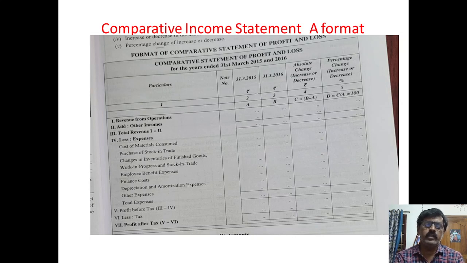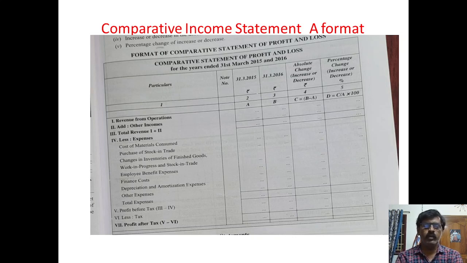This is the new format, as per the Companies Act 2013. Revenue from operations, which means sales, and other income, such as non-operating income. When you add these two, you get total revenue.